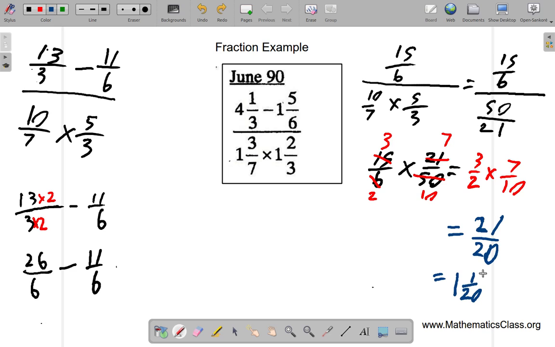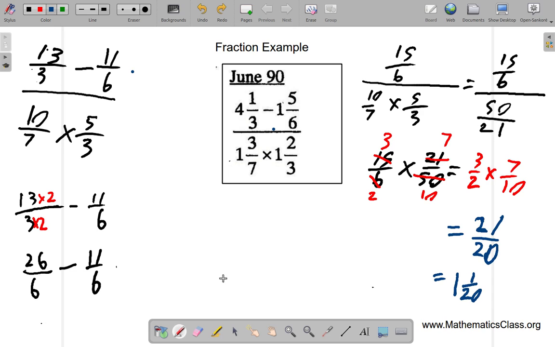So let's just do a quick review. 3 times 4 is 12, over 1, 13 over 3, minus 6 times 1 is 6 and 5, 11 over 6, and 1 and 3 tenths is 10 over 7 times 3 over 1 is 5 thirds.